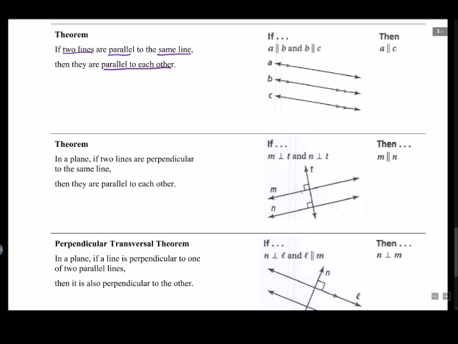So let's look over here. We have line A is parallel to line B, and line B is parallel to line C. And you can see that, of course, line A would have to be parallel to line C.